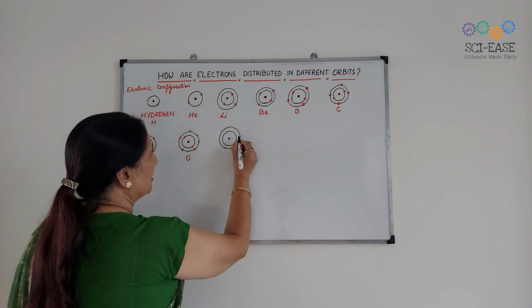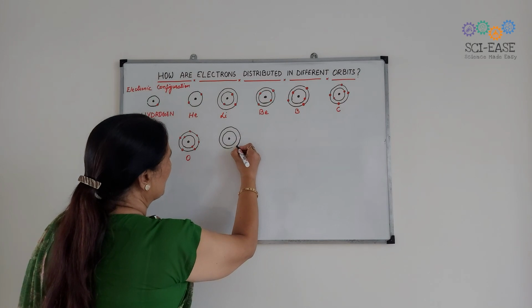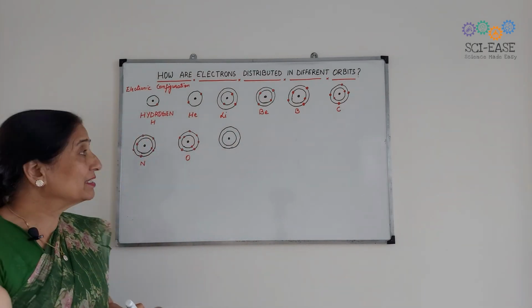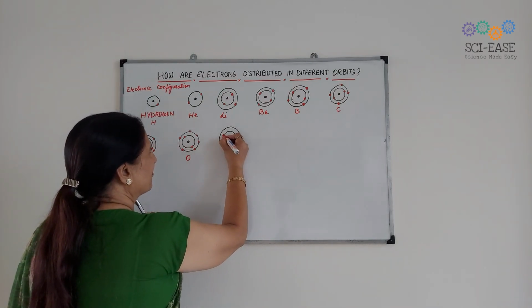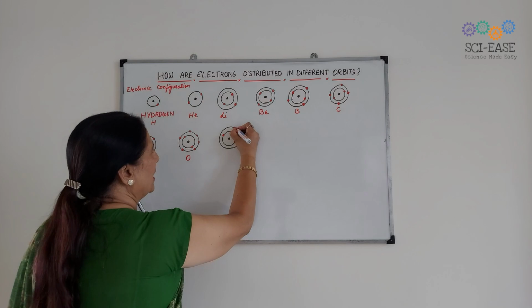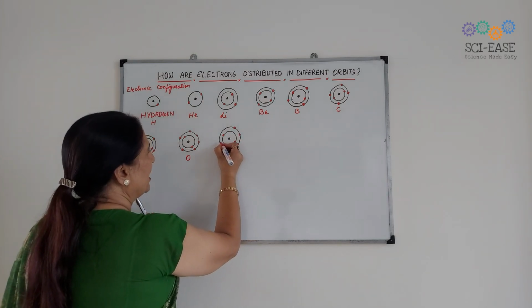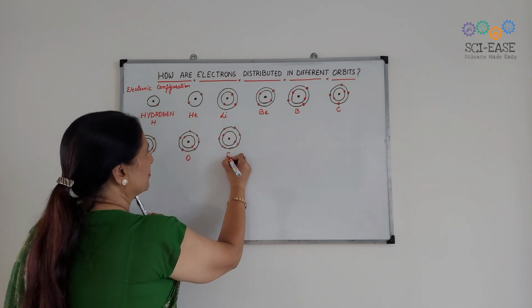Fluorine. So its electronic configuration is 2, 7. 1, 2, 3, 4, 5, 6, 7. This is fluorine.